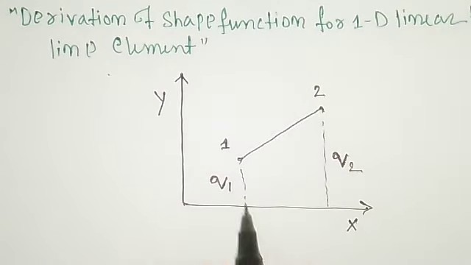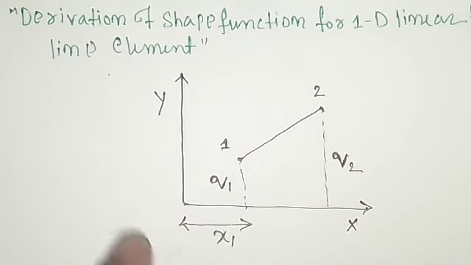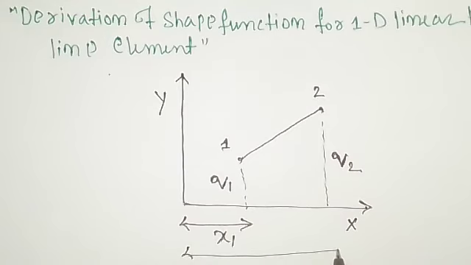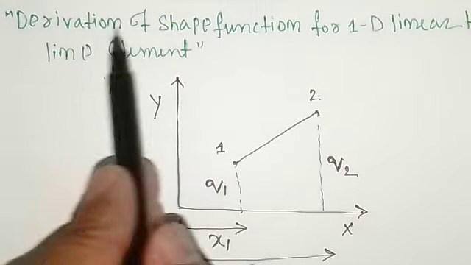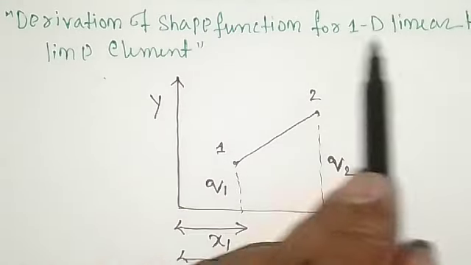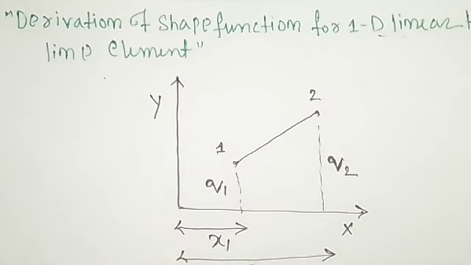So the position of node 1 and node 2 we have to locate. Let's say node 1 is located at a distance of x1 from the y-axis and node 2 is located at a distance of x2 from the y-axis, right? As we are deriving the step function for a one-dimensional linear line element, it means that one linear polynomial equation you have to consider in terms of x, right?